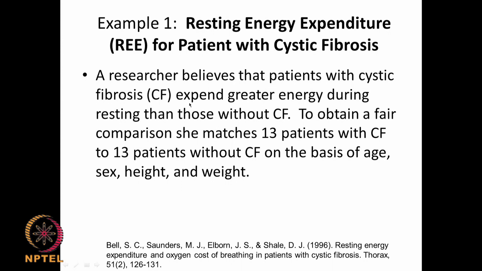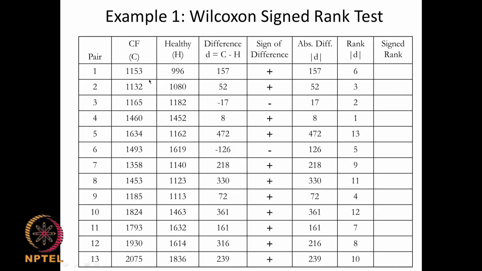So the hypothesis is that CF patients expend greater energy during resting than those without CF. The data was averaged out or adjusted for age, sex, height and weight. The data is given here: these are the cystic fibrosis data and these are the healthy.